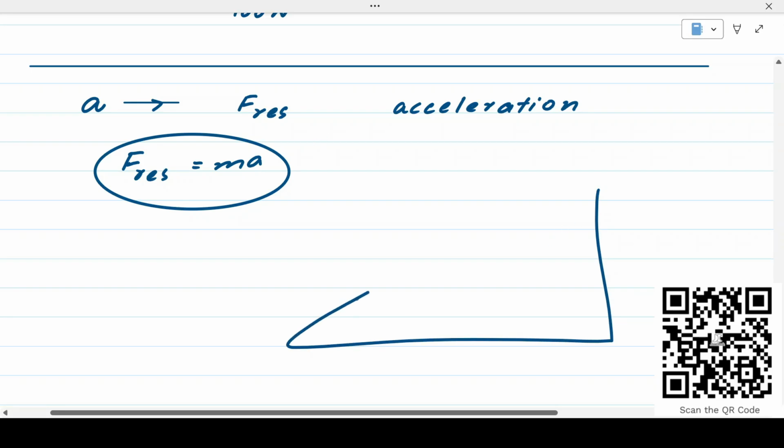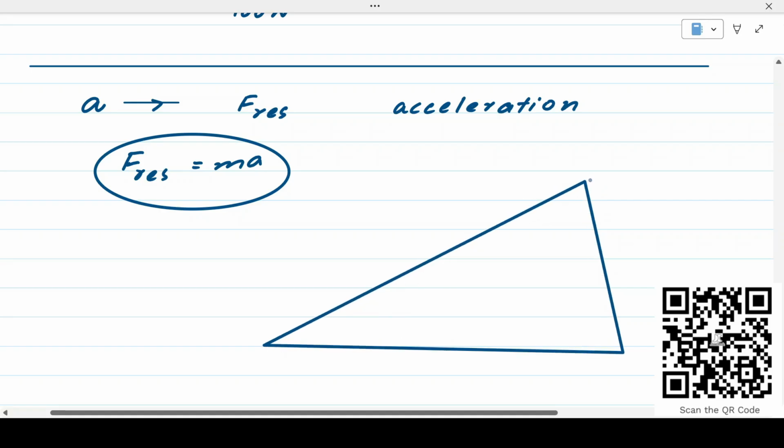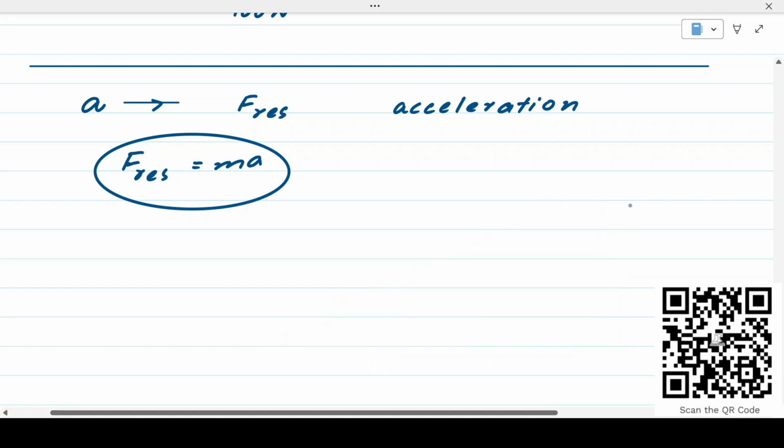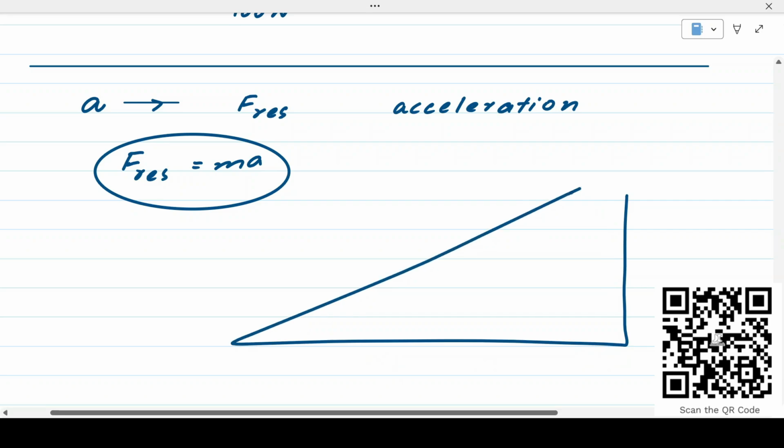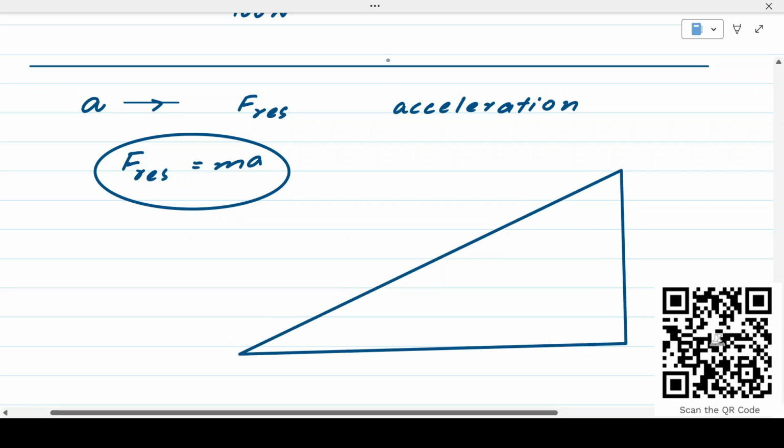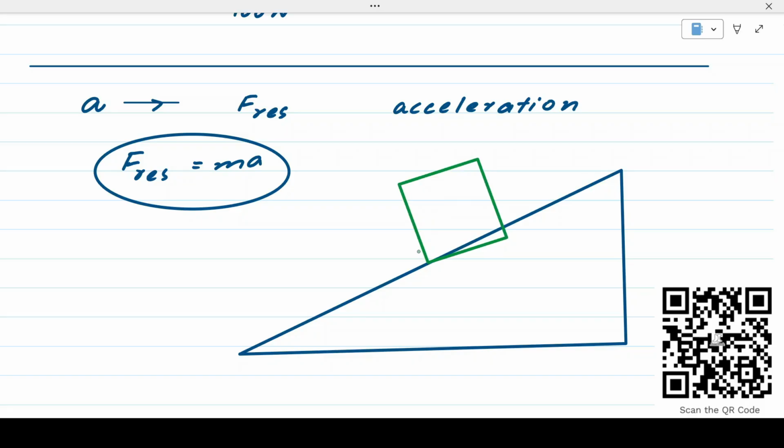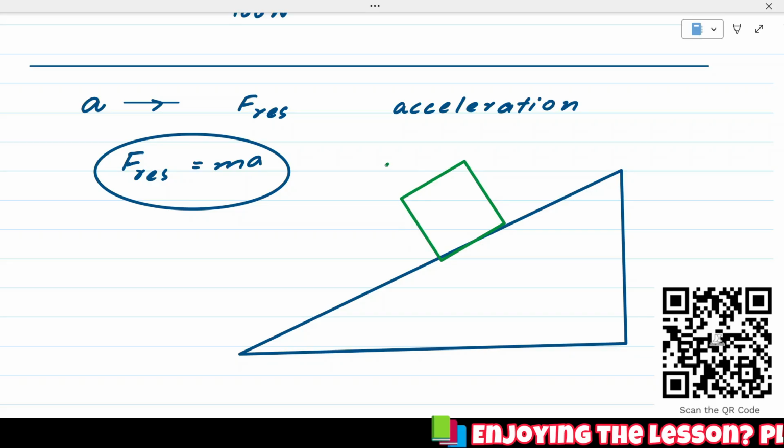So for example, you have a block known as an inclined plane, and an object is placed on the inclined plane, which looks something like this, and the forces are unbalanced. Let's say it is given in the question that the object accelerates down the slope.